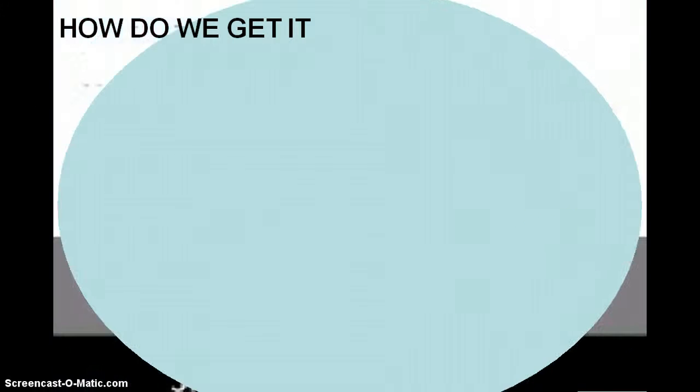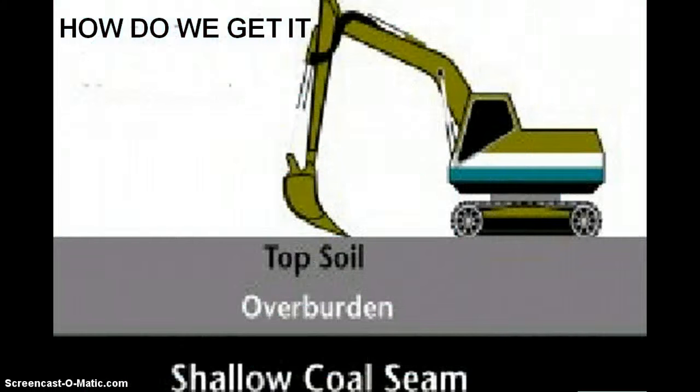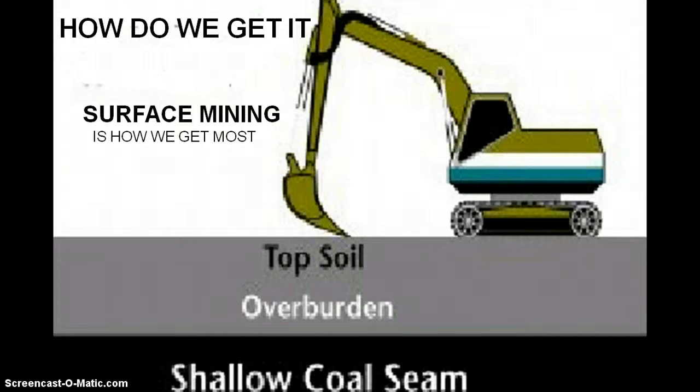All right, so how do we get it? We mine for it, and the type of mining we use is surface mining. Whenever you see that word overburden, that's like removing a whole layer of land to get to where we want to mine. So that's what's considered surface mining.